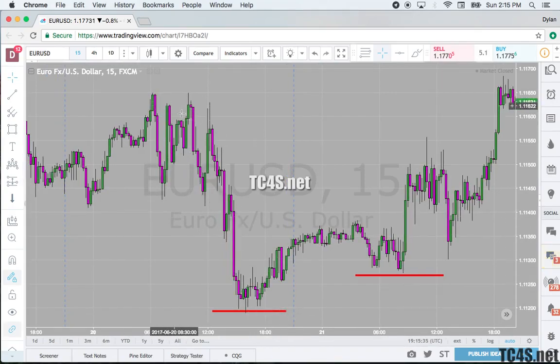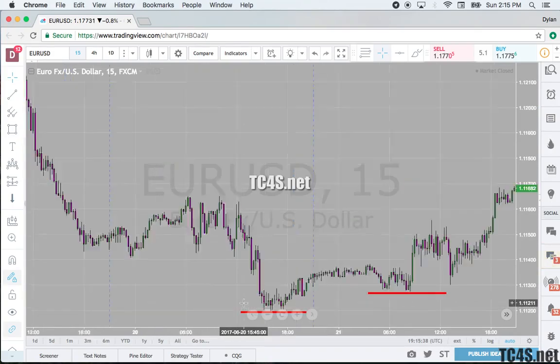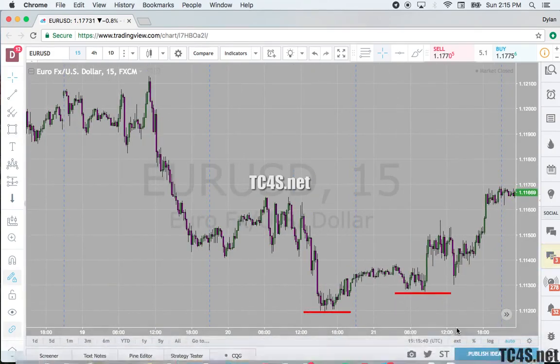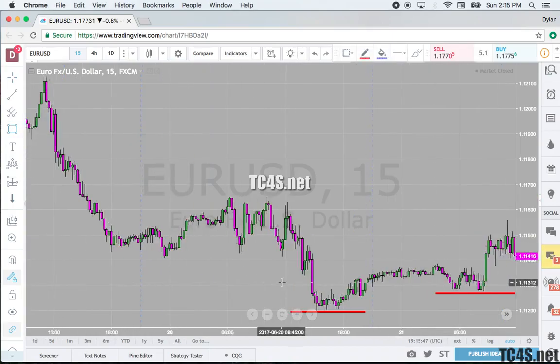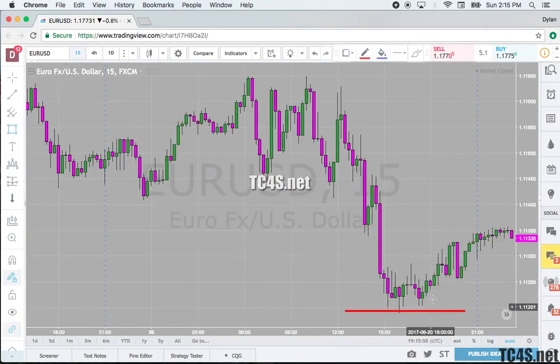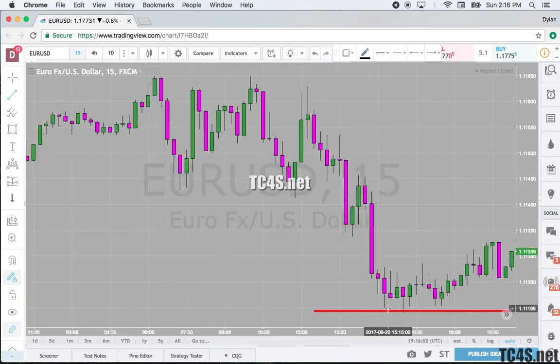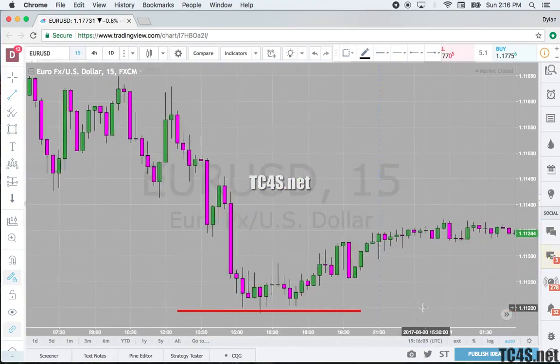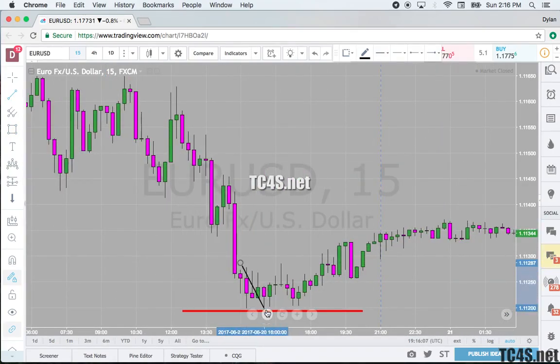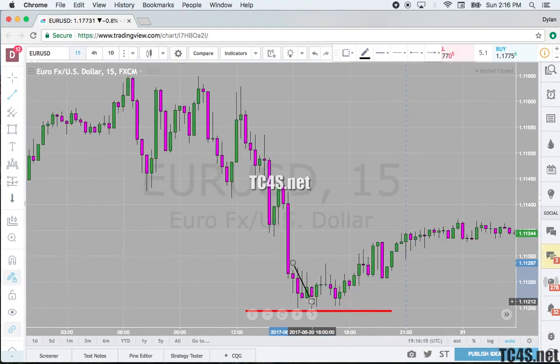Price has come down, has spiked down all the way to this low, this 1.12 whole range, and is spiking into this price range at 1.112. So upon seeing this low being created with this wick, we would want to look for a W formation, which we see right here.